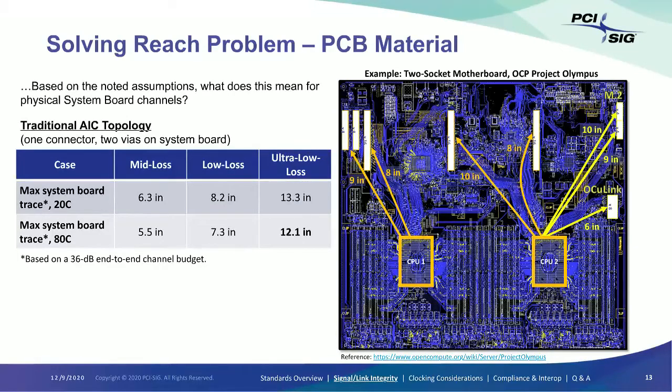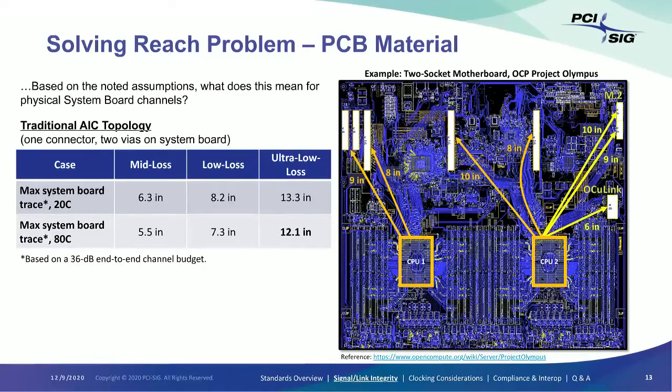So with 12 inches being technically possible to meet that 36 dB budget, you can see in this example system on the right, which is a 2-socket server, most of these add-in card or chem slot routes would fall within that 12-inch budget.